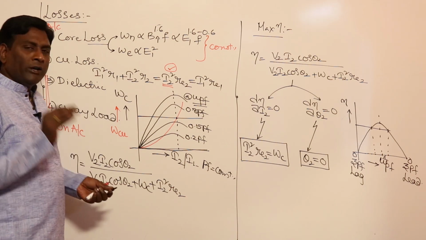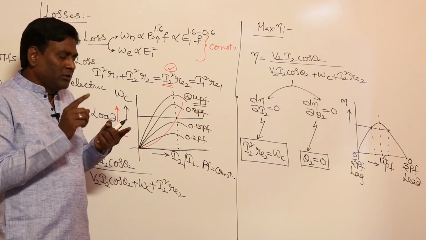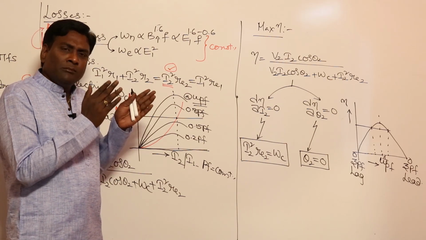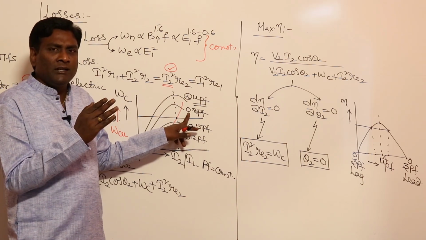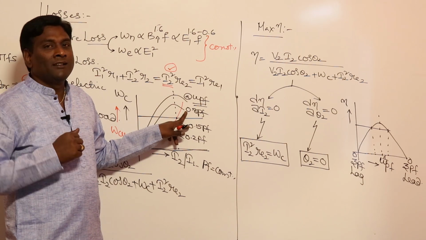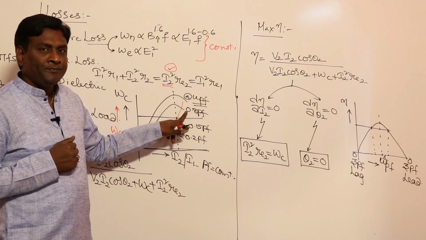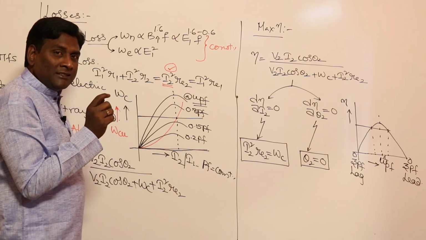So the point here is very simple. For example, in the GATE exam, if they give some operating points at unity power factor or at any given power factor, then by seeing the characteristics we can get the equation, which we will solve very soon. Where is the maximum possible efficiency occurring?